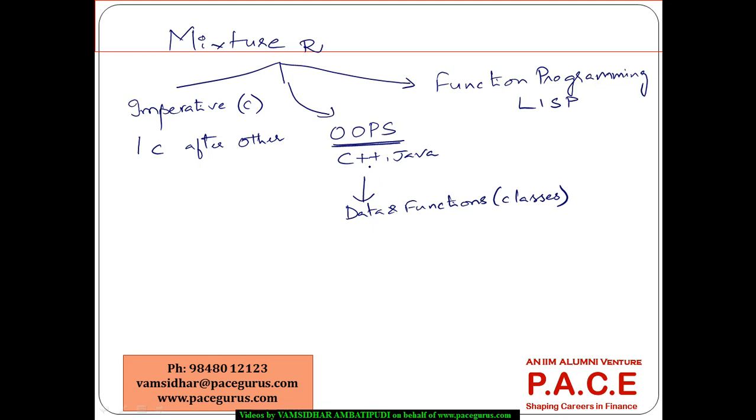So it looks like C, but improvised with respect to C. There you could see some kind of reference classes from Java. And at the same time, you can also see some programming structures which are based on Lisp and other programming languages. So the learning curve is much smaller here.